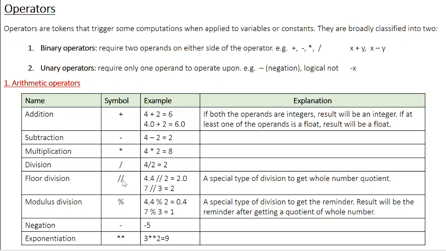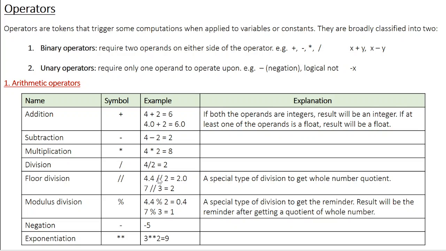Now floor division, this is the symbol, 2 forward slashes. This is a special type of division to get the whole number quotient. I can illustrate this with an example. Suppose you take 4.4 floor division 2. Normally when you divide 4.4 by 2, the answer will have a decimal, right? 2.2.